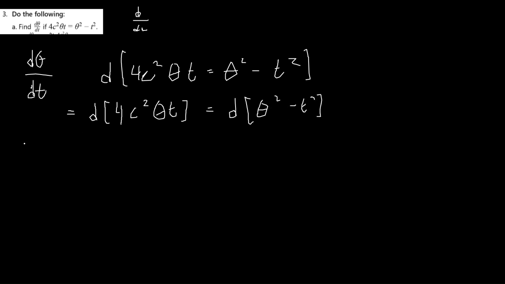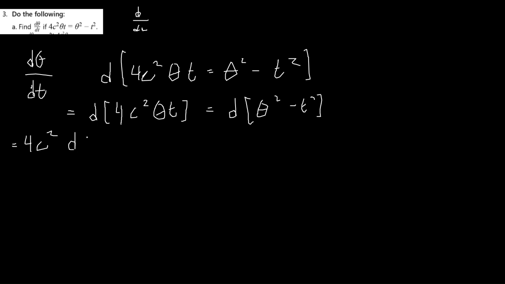Okay, now for here, we can set aside 4c squared, because 4 is a constant, and if you're gonna have the c squared, then that's gonna be even more confusing. So we're just gonna focus on theta and t because this is technically theta times t.